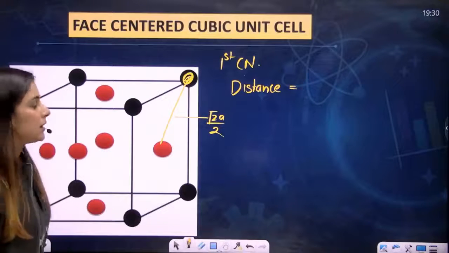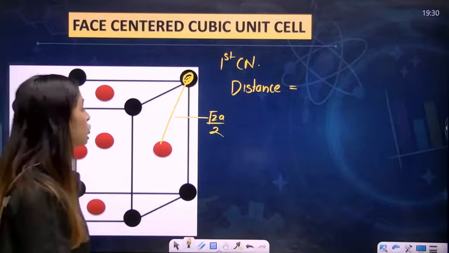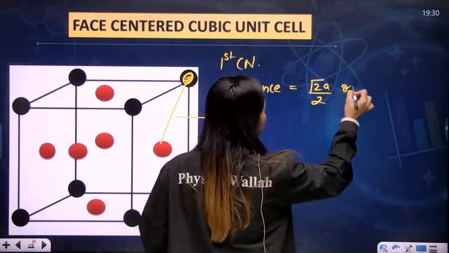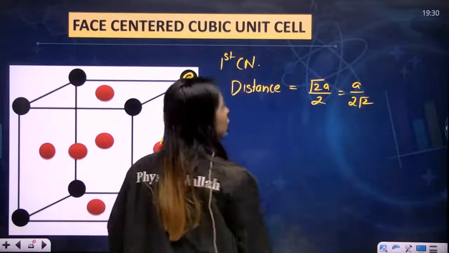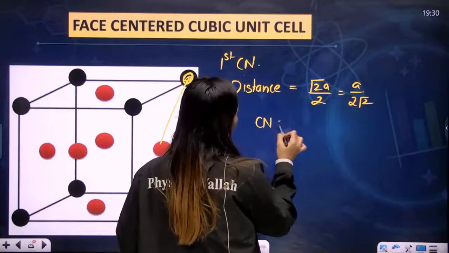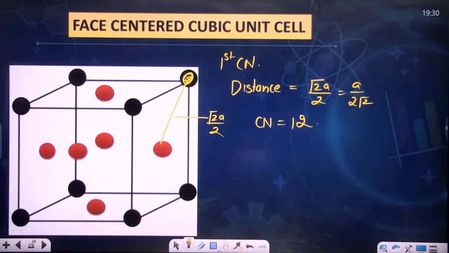This is the nearest distance. Since the distance is root 2a by 2, or we can say this is equal to a by 2 root 2, is it a multiple of root 2? Yes. Since it is a multiple of root 2, the coordination number will be equal to 12.